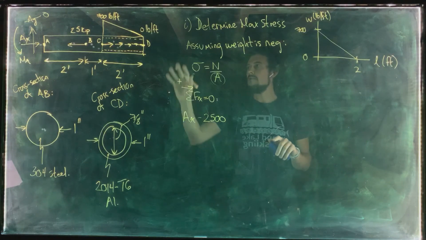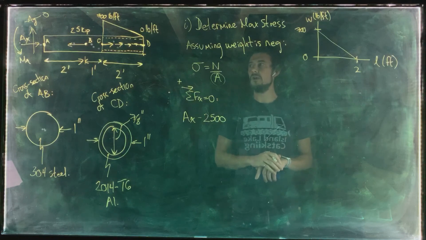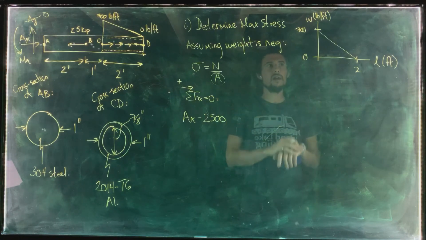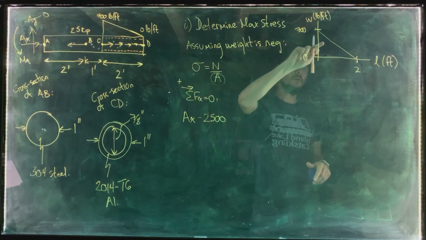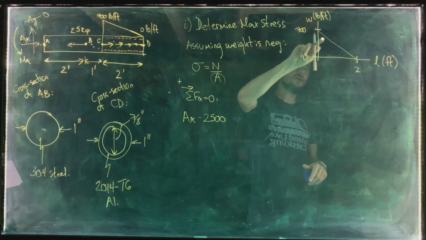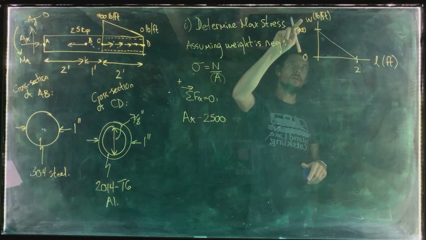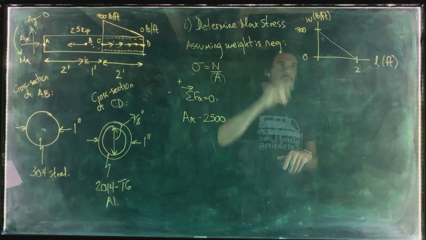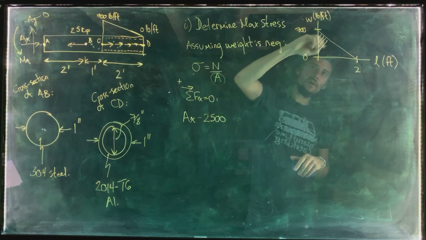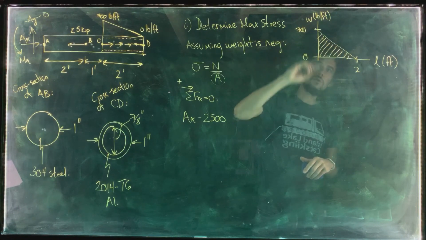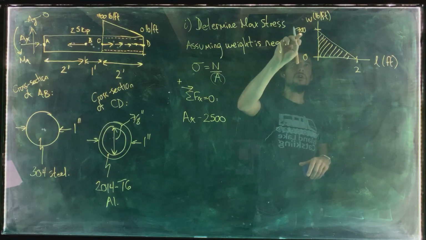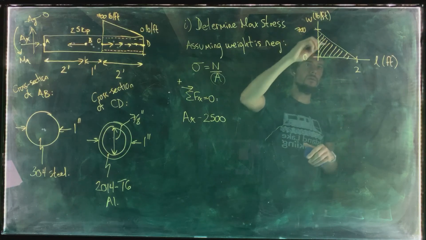Now, anytime you want the resultant of a distributed load, you need to take the area under the curve of your distributed load over length diagram. So the resultant of that distributed load is equal to that area. In other words, you integrate your equation for your distributed load over length.